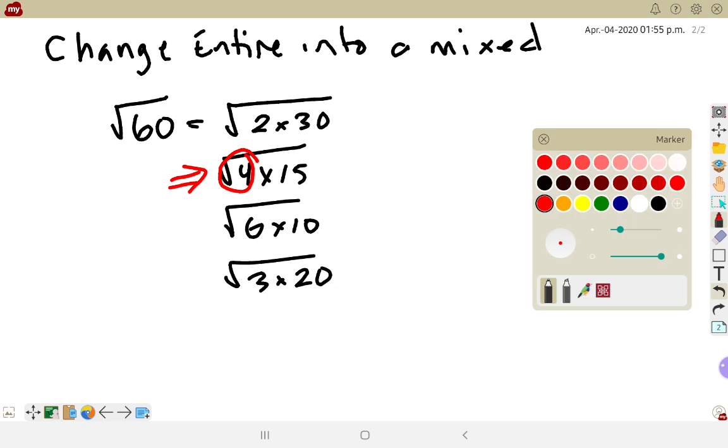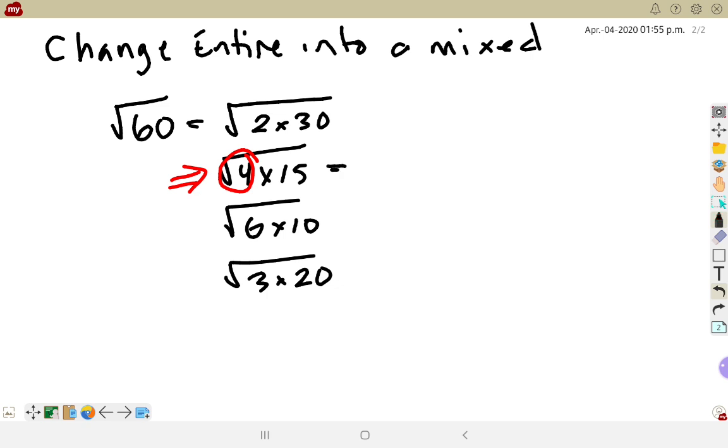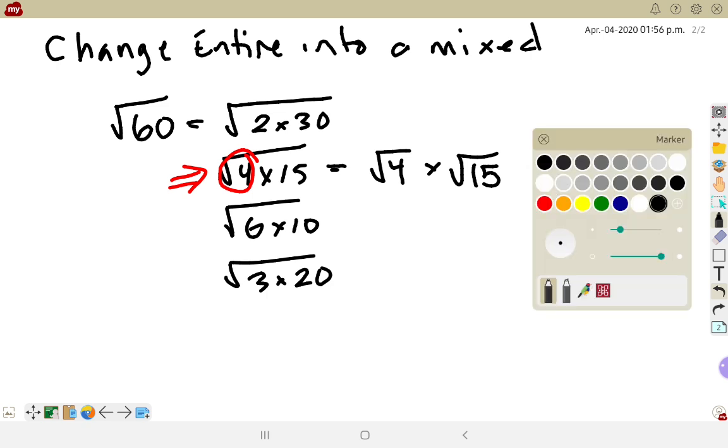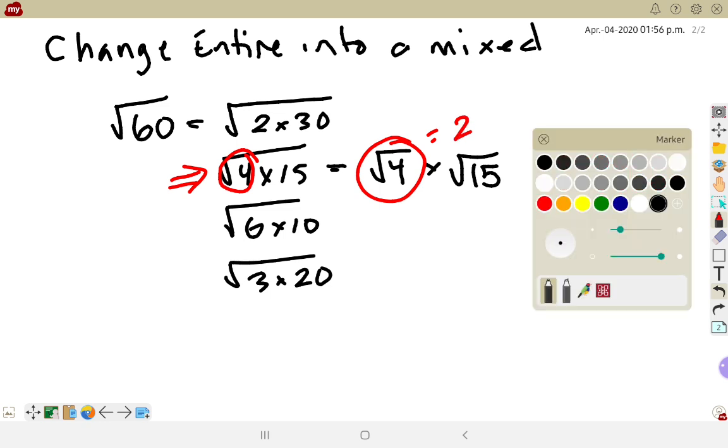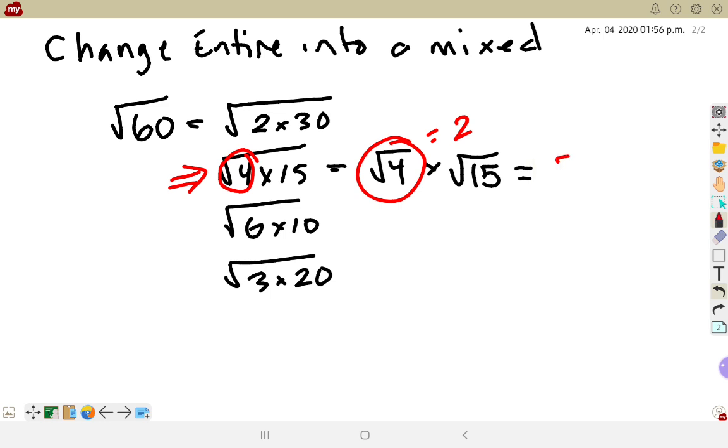So watch what happens with this one, if I rewrite it as the square root of 4 times the square root of 15, right? From our last video we said as long as they were both factors, we could split them apart and they could be under their own radical sign. Well, the square root of 4 is really just equal to 2. So instead of writing that as the square root of 4, I'm going to simplify it and write it as 2.